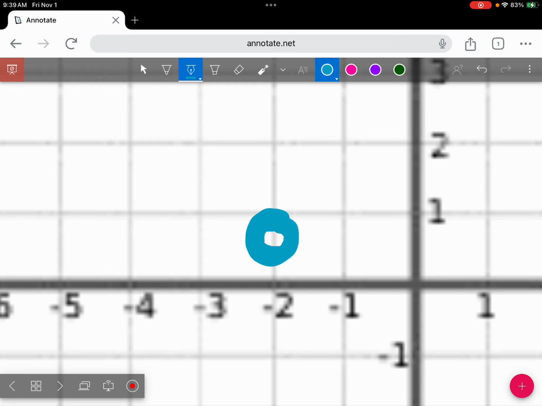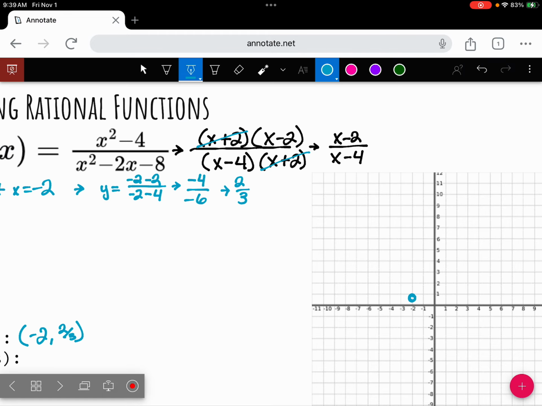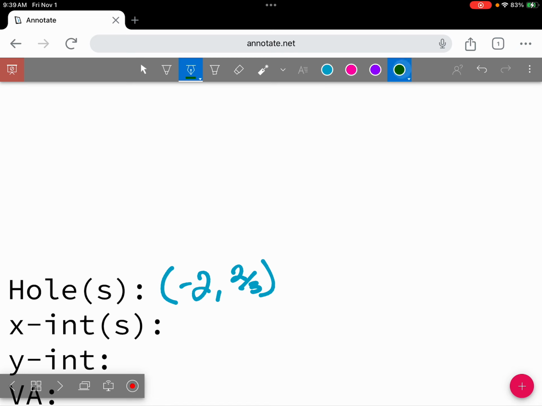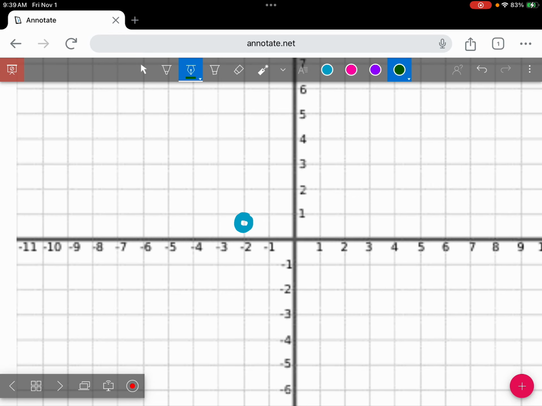So the discontinuities make things a little different there, but everything else is the same. So where are we going to have an x-intercept? 2, 0. It's our solution for our numerator. So 2, 0, we have an x-intercept.